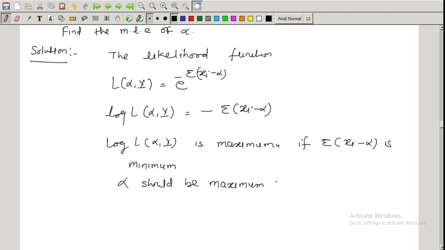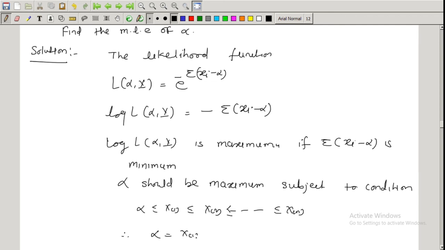subject to the condition alpha is less than or equal to x order 1, less than or equal to x order 2, up to less than or equal to x order n. Therefore alpha is equal to x order 1.